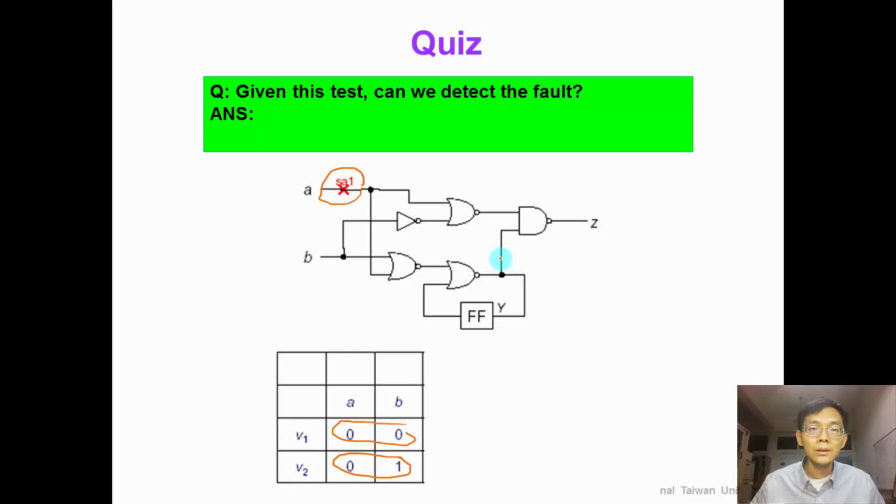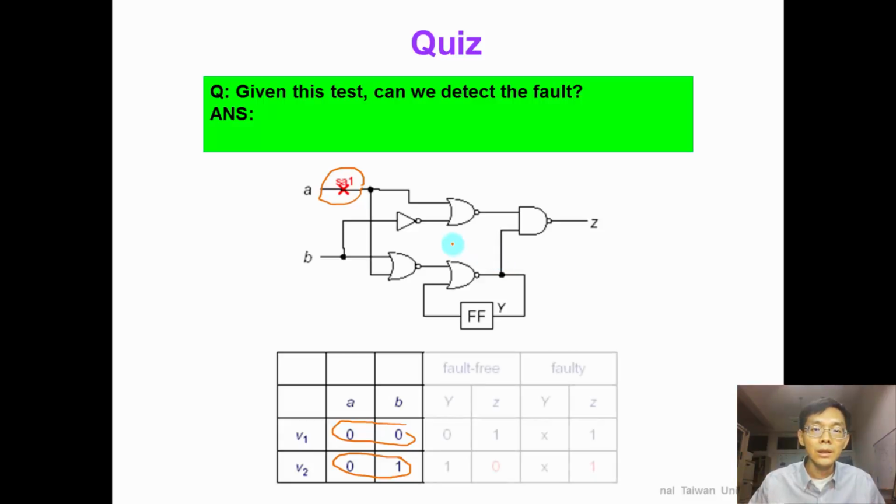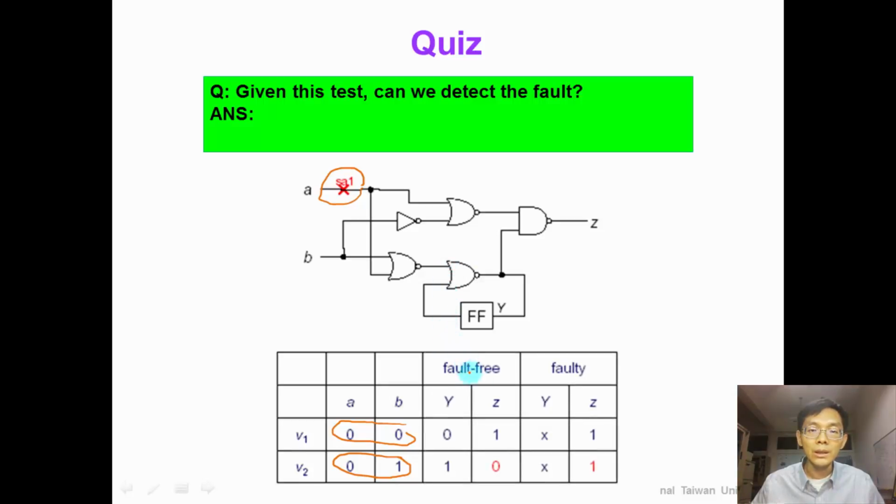Okay, have you finished the exercise? If you do it correctly, you will find that the fault-free status of this circuit is 0, 1, and the fault-free output would be 1 in the first cycle and 0 in the second cycle.